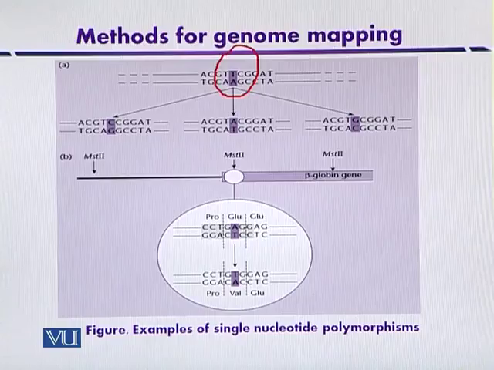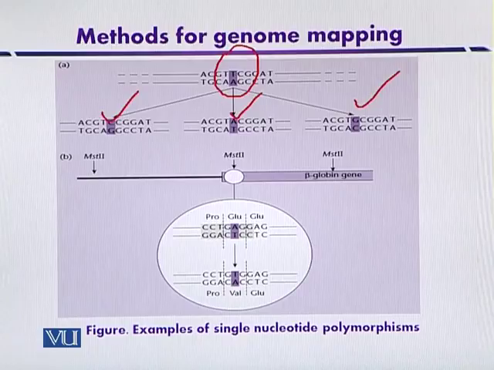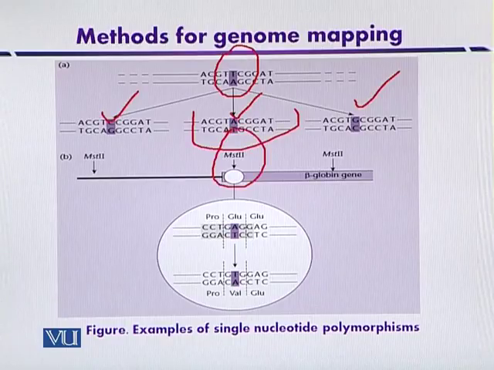Three different possibilities are there: this thymine may be replaced with either cytosine, adenine or guanine. And if it is replaced with another base, here suppose a central one, the enzyme site, which is called the MstII restriction enzyme site, will be influenced.